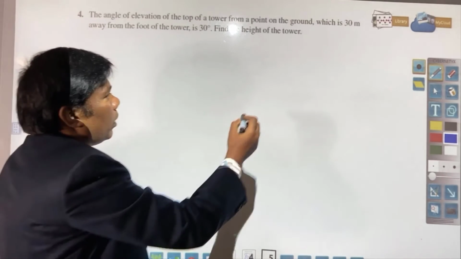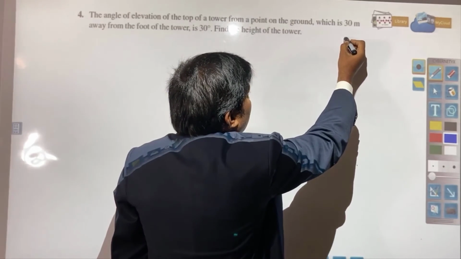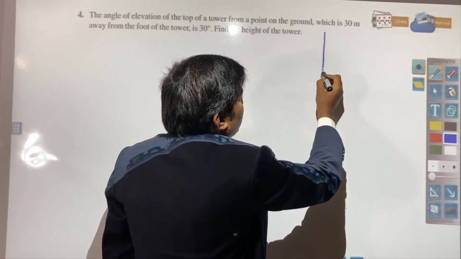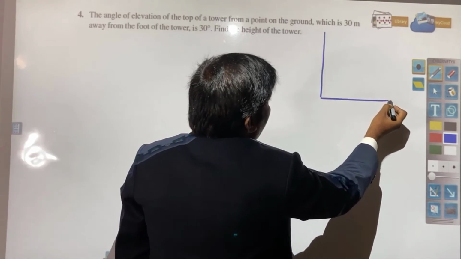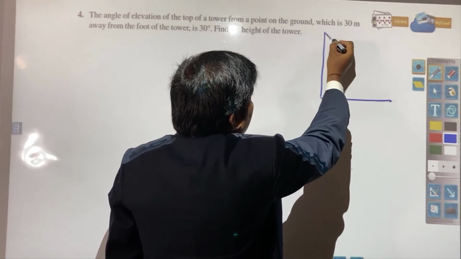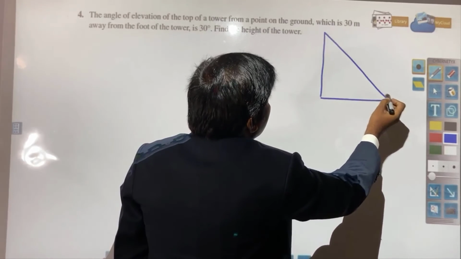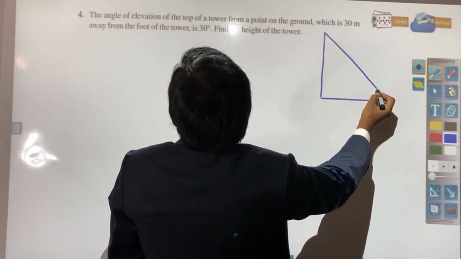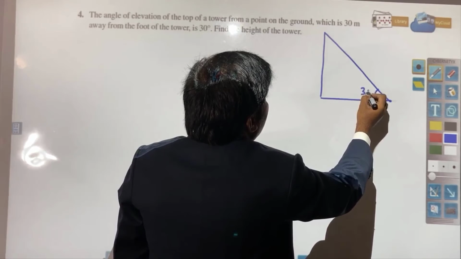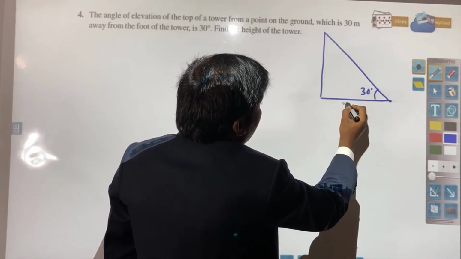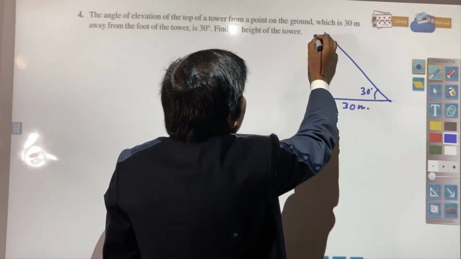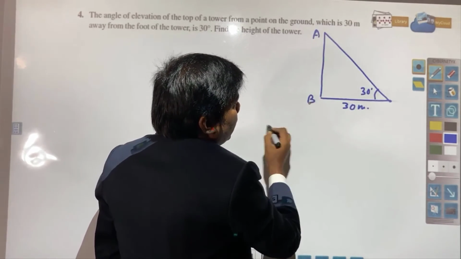Find the height of the tower. Suppose this is your tower, and at this point the angle of elevation is 30 degree, and this is the foot of the tower, and how far is it? 30 meter. So suppose AB is a tower.